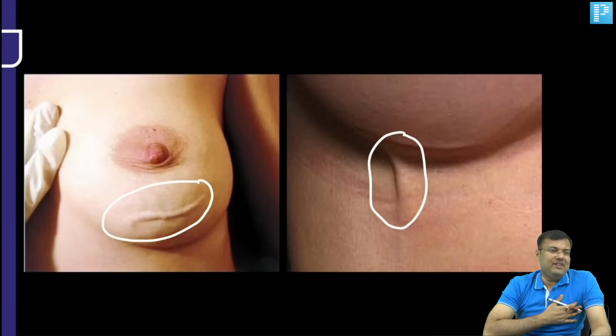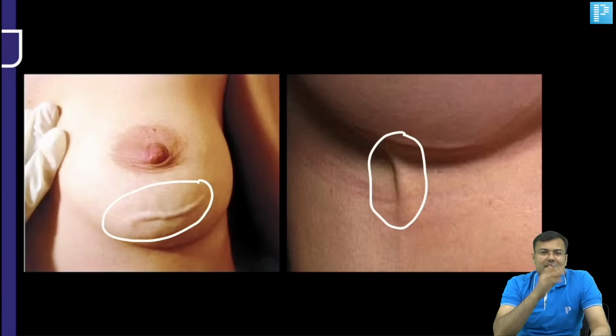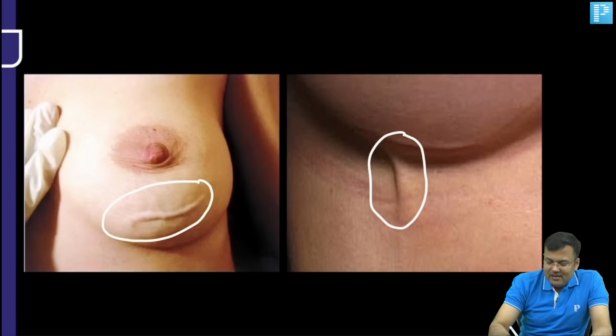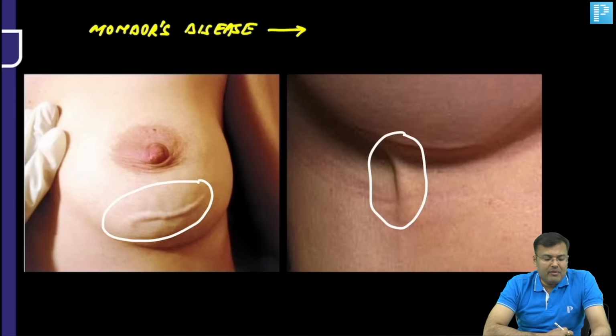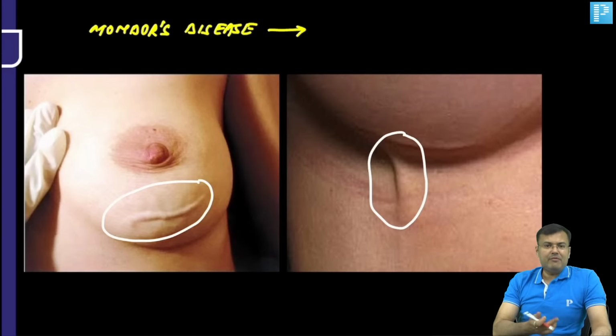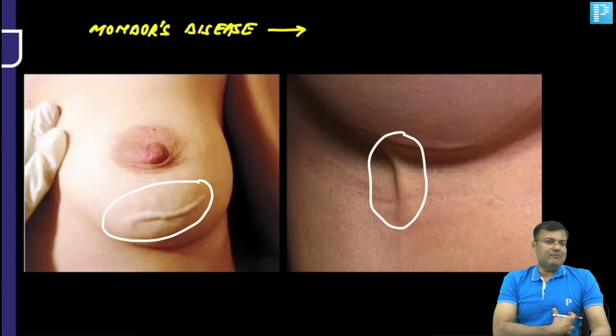There is superficial thrombophlebitis of the inframammary vein. Can you tell me the name of the vein? I am waiting for your reply. This is Mondor's disease. Clear? There is superficial thrombophlebitis of the inframammary vein. Which vein? This one. What is the name of this vein? This is the lateral thoracic. And what is this one?